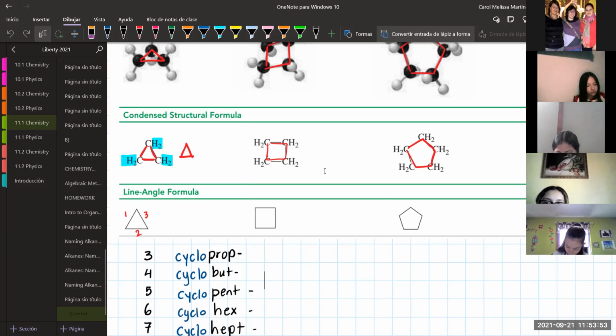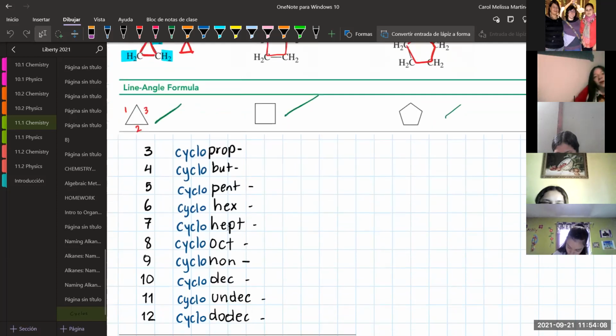So the reduced formula or the line angle formula is going to be just the geometric shape: triangle, square, pentagon, hexagon, and it continues. If you have 7 carbons, it's going to be a heptagon. If it has 8 carbons, an octagon, 9 carbons, nonagon, and 10 decagon, undecagon, dodecagon.